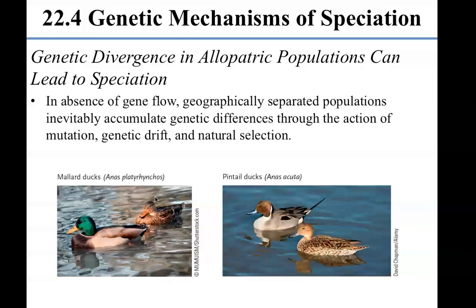So we've got mallard ducks and pintail ducks. They're both members of the same genus, but they're different species. These are closely related, but they're separate species. And the way that it's thought that they came about is that there were just different sexual selection pressures. In the mallard ducks, there was sexual selection for the males to have brightly colored green heads, and in the pintail, it was brown.